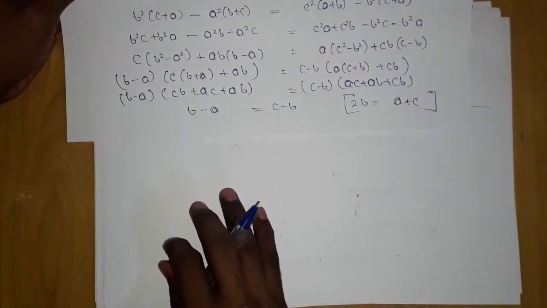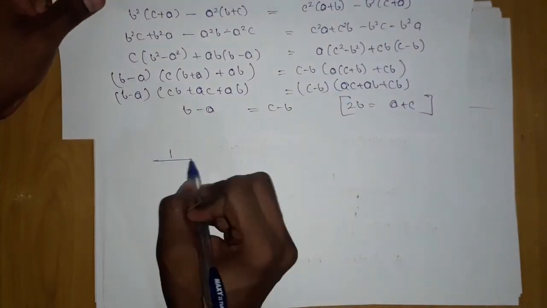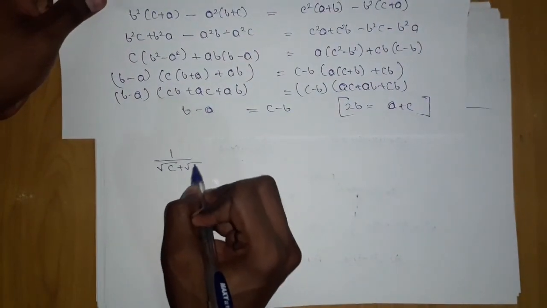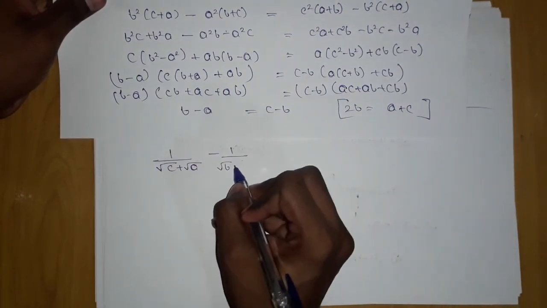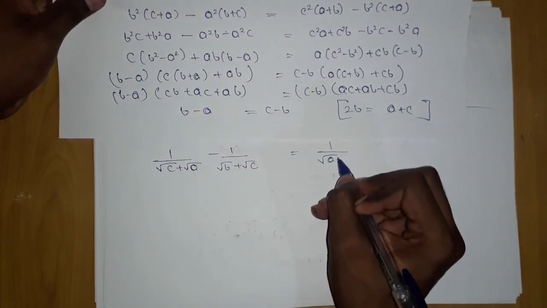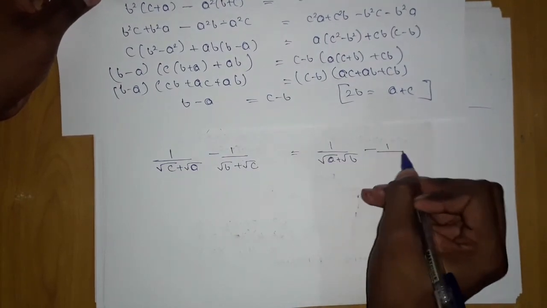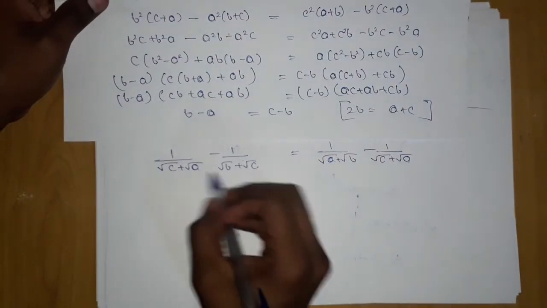The second one we can prove like that only. So it is 1 upon (under root c plus under root a) minus 1 upon (under root b plus under root c). Here similarly 1 upon (under root a plus under root b) minus 1 upon (under root c plus under root a). What do I get?